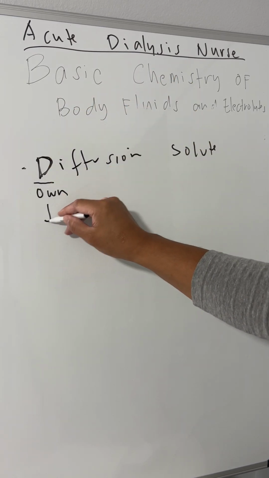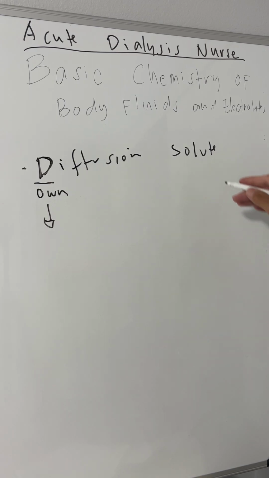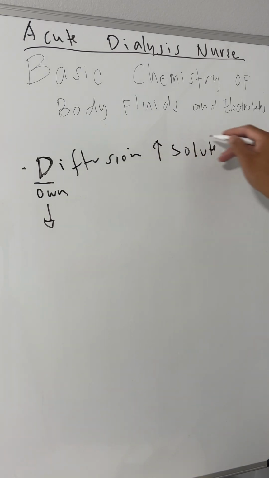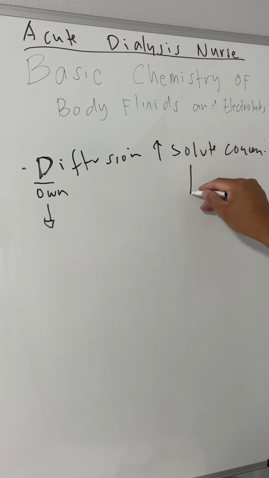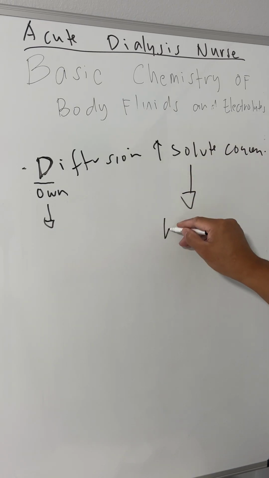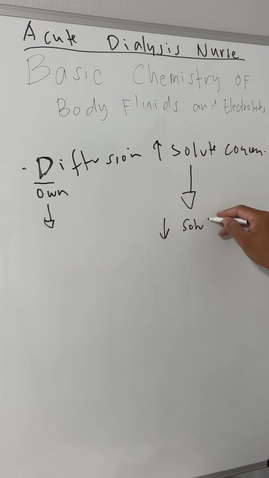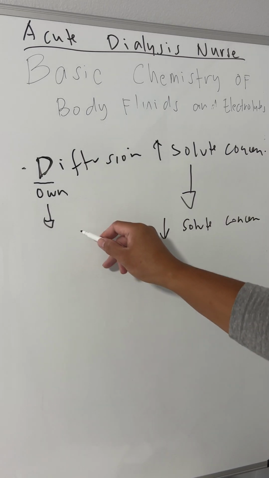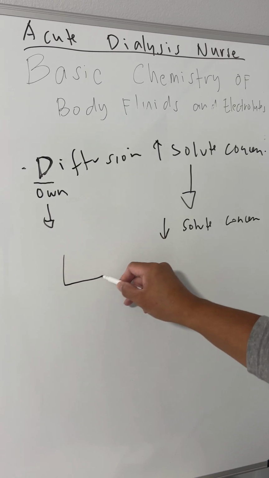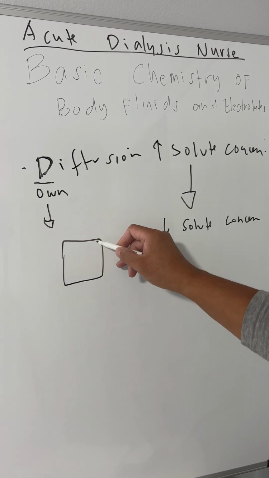So higher solute concentration is going down to lower solute concentration until it's all normal.